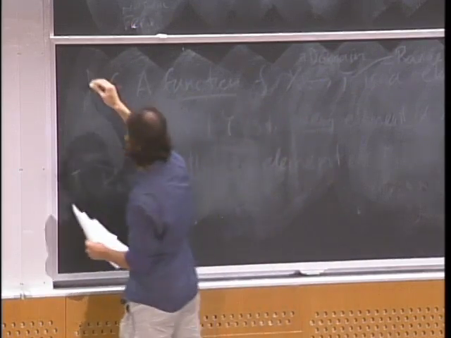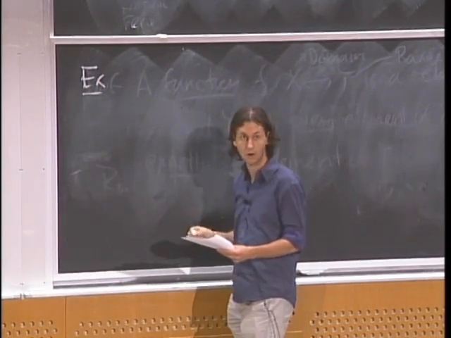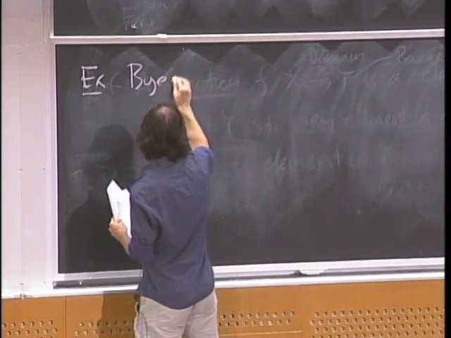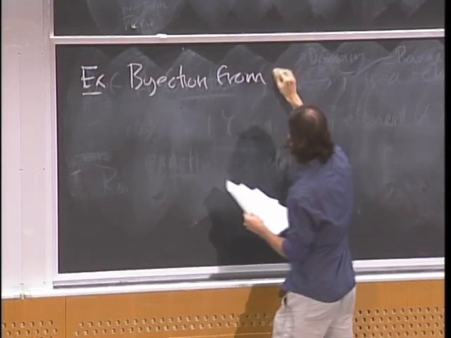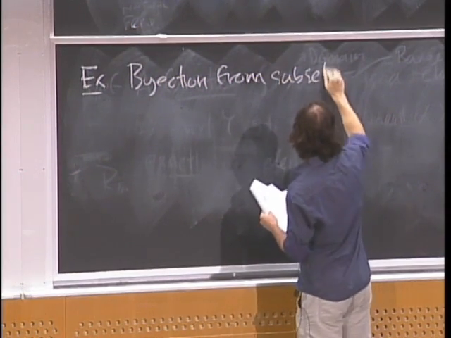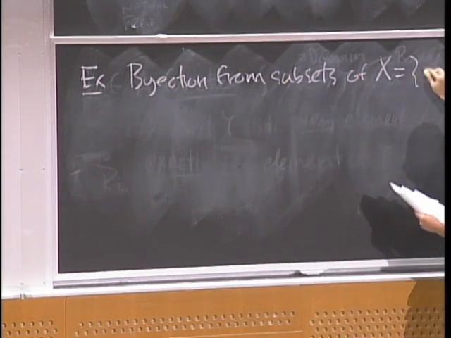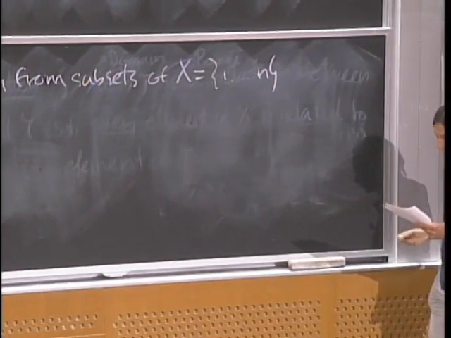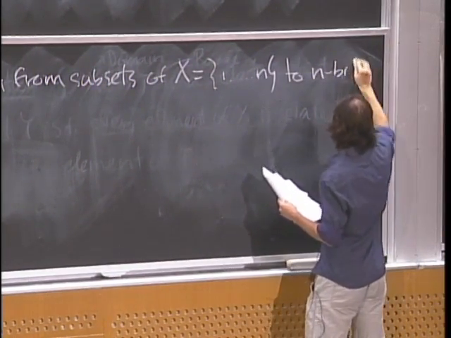So let's talk about how to count subsets of a set X. What we want is a bijection from subsets of a set X consisting of, say, 1 up to n, so the integers 1 up to n, to n-bit sequences.